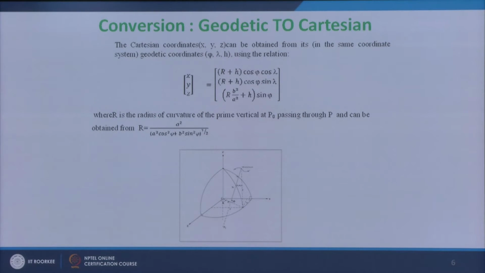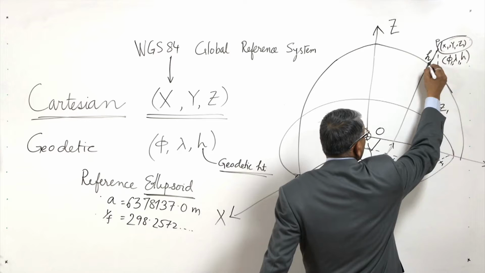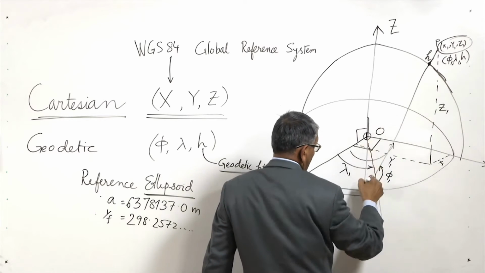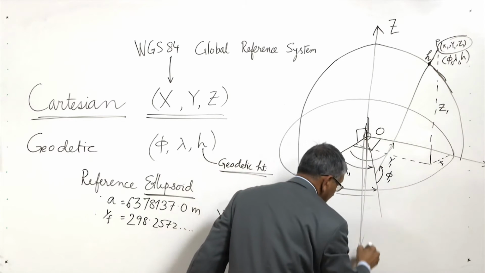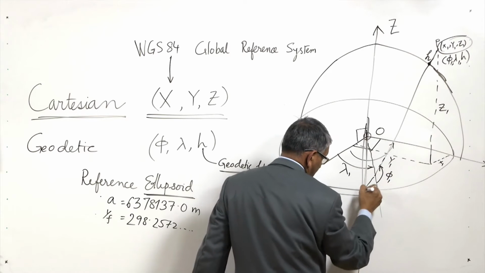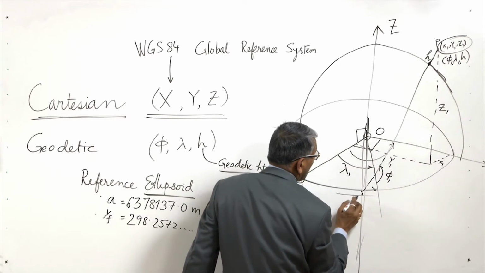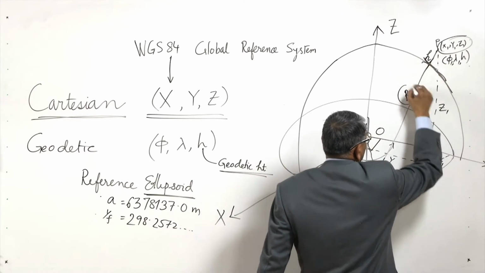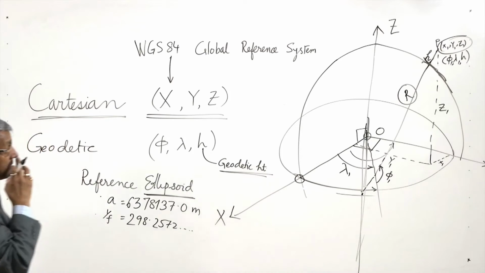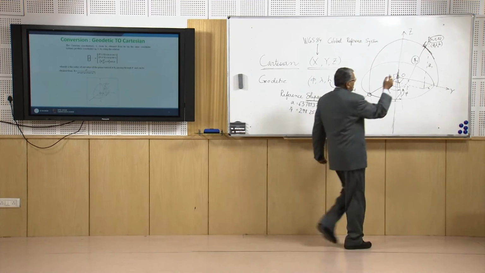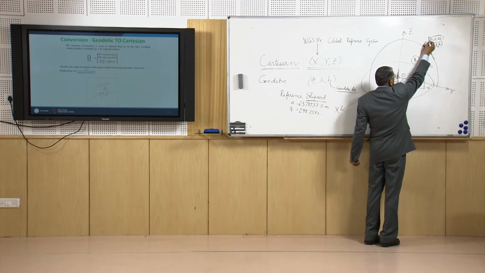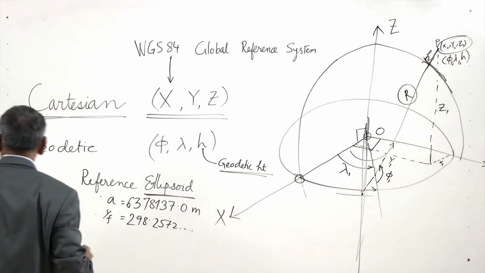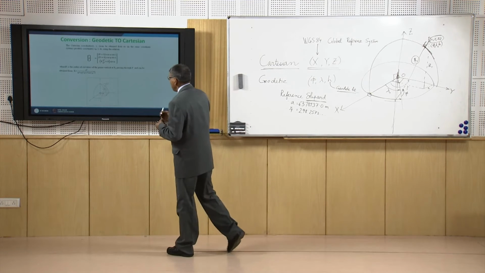R is the distance from the reference ellipsoid to the point where, if we extend this z axis, it will cut at some point. This is the radius of curvature at the point on the reference ellipsoid at which the normal from the point is intersecting.